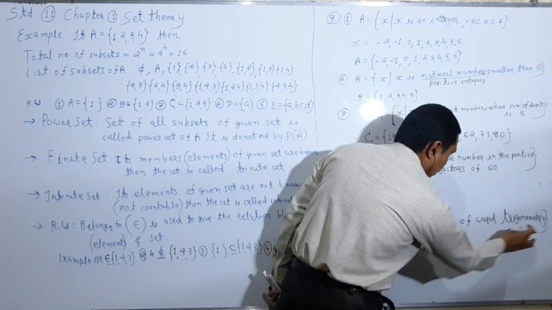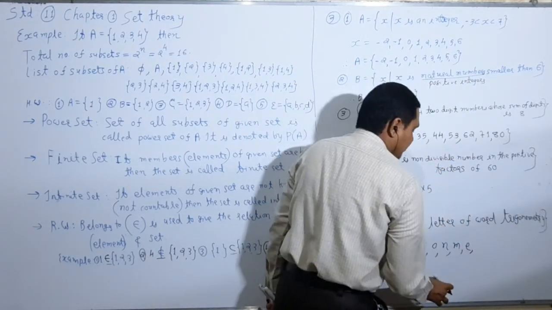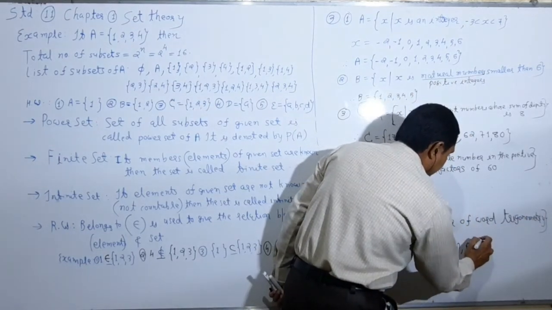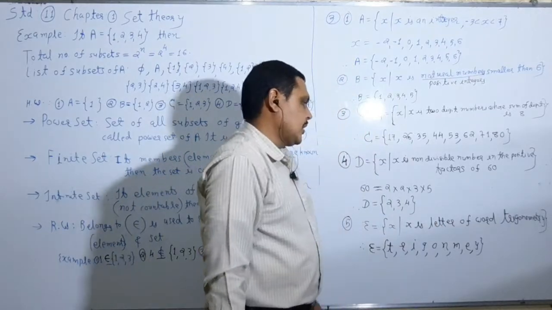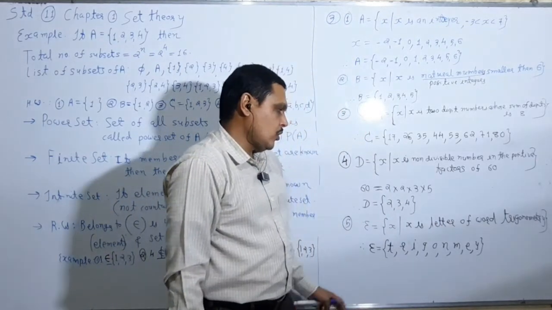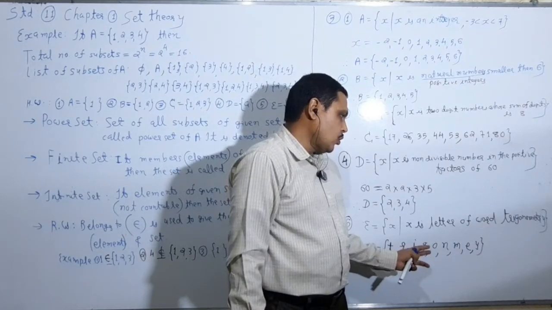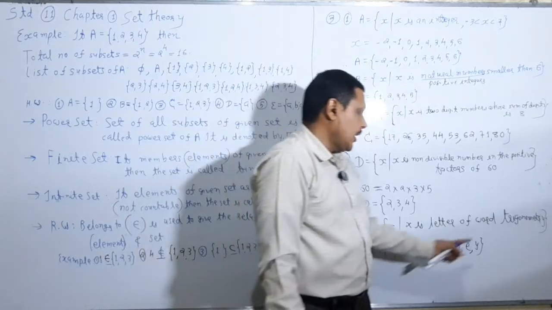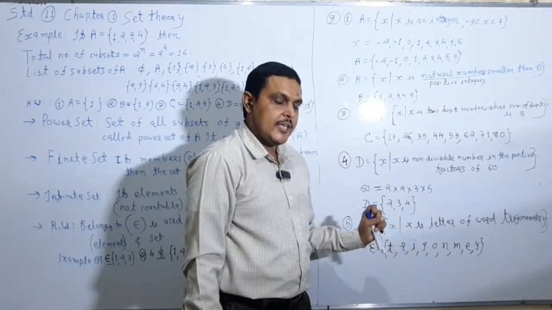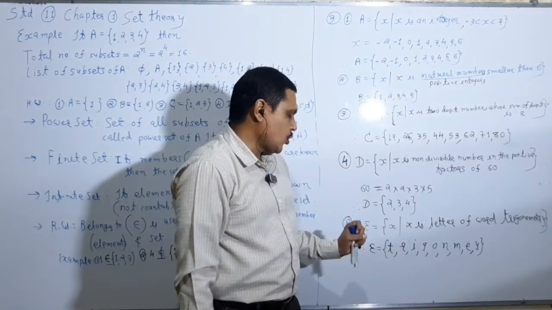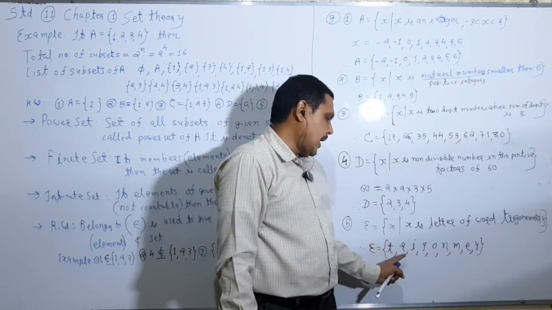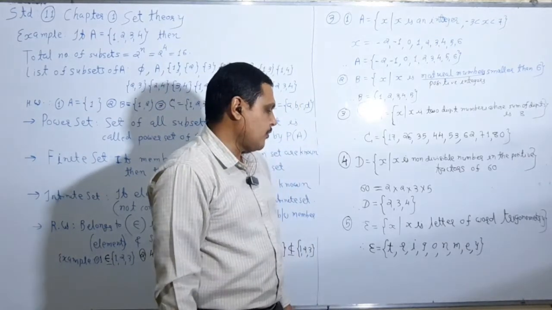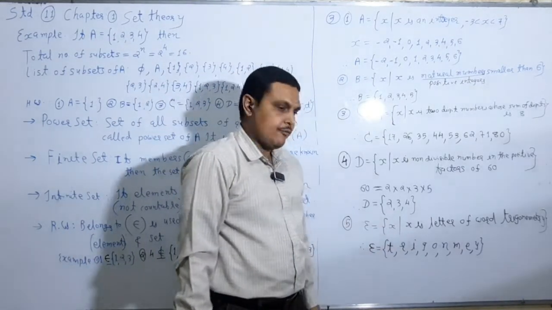Then R is also a second time, so we don't write R here, and Y is the last letter. So R, O and T are given two times in this word, and repetition is immaterial in the set. So we have to write T, R and O a single time in the listing form of this property form.